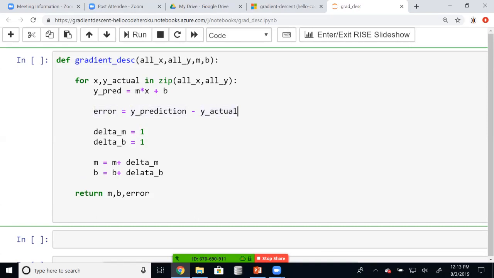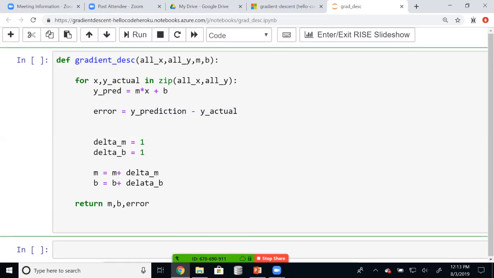What we could also say is total error, I guess. So what if I do this now? Will this work? Okay, and let's return total error then.